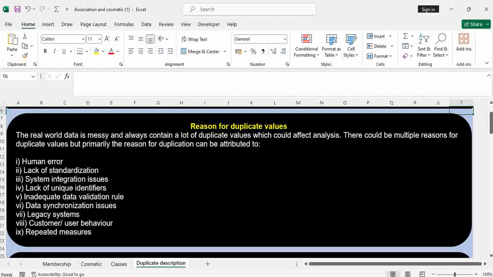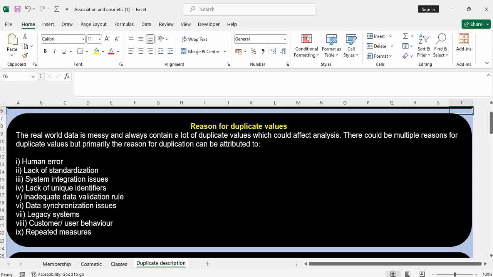For example, if I have an account system which is different from a loan system, and information captured in the account system is not related to the loan system, these two systems are not integrated well, then there is a chance of having duplicates of the same customers.